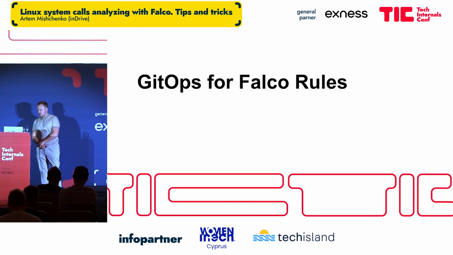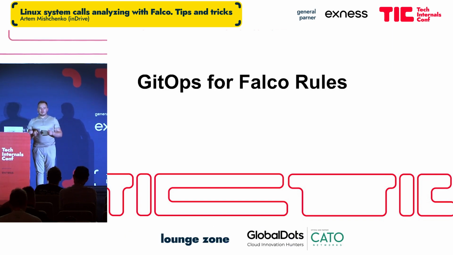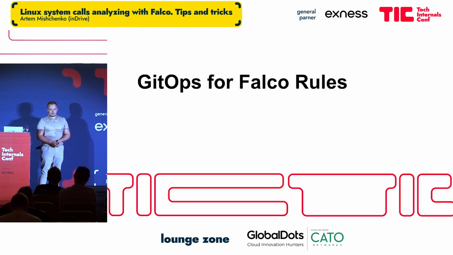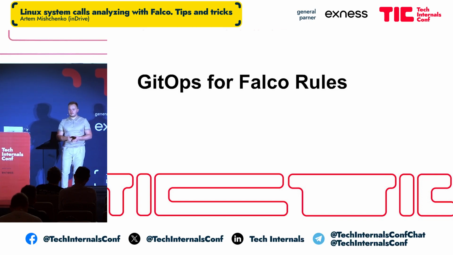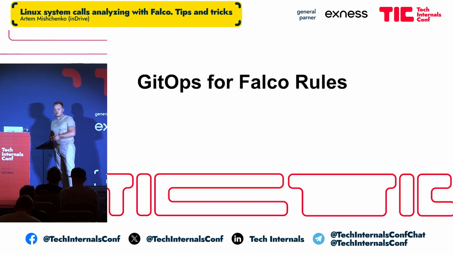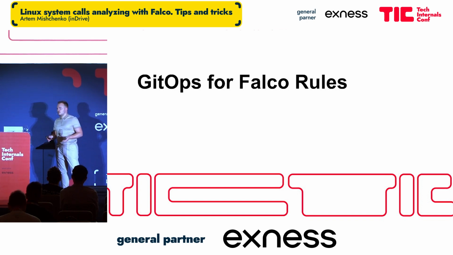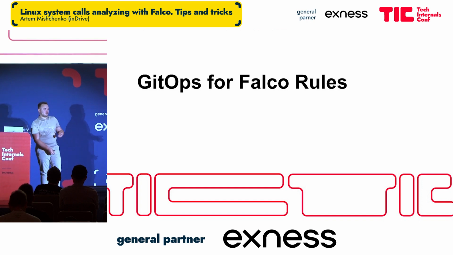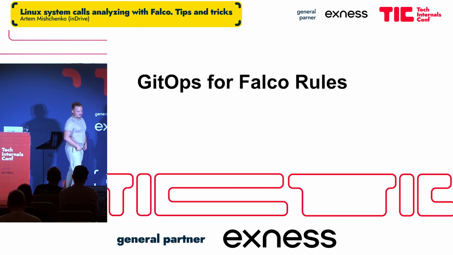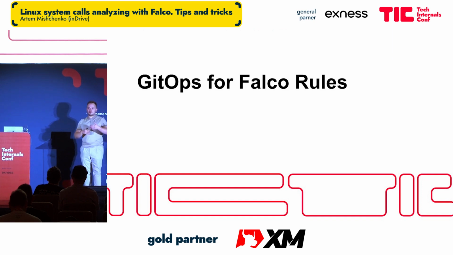Very interesting part for us. Let's imagine you have a big hybrid infrastructure with many servers, and as a security team, you don't have access to the production environment, you don't have root permissions on your servers. Let's say, for example, you have them in a testing part, but in the production part, you don't. In this case, if you want to manage rules with tools like Ansible, I think you need to put some task on your SRE or DevOps team, send them this configuration, and ask them to deploy it, and it's a really annoying topic.